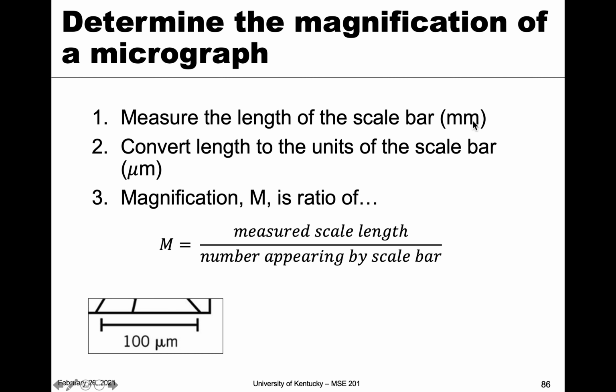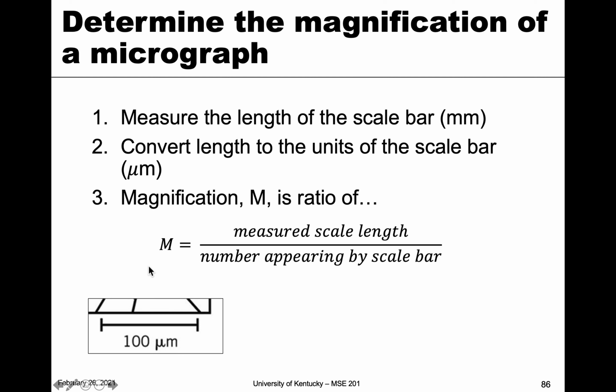We want that to have the same units as our line measurements. And then we convert that length, because we're magnifying that image, to the length that it actually is in reality. In this case, that line represents 100 microns or micrometers.